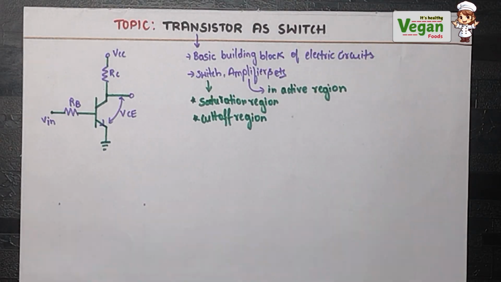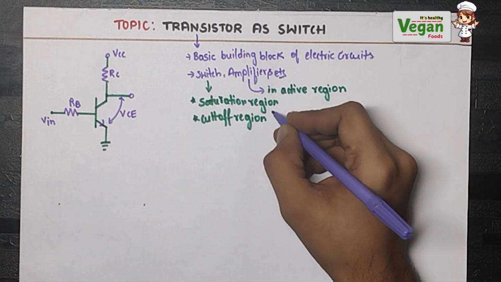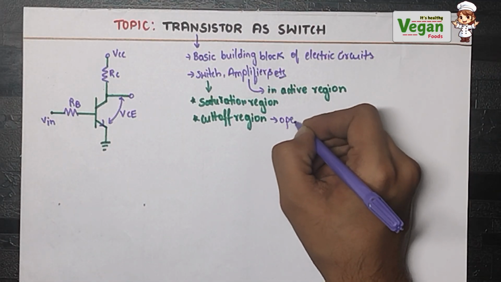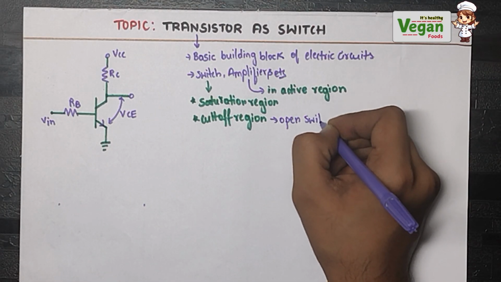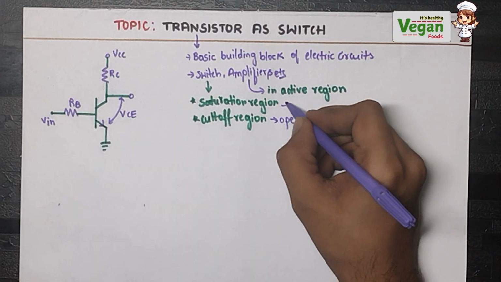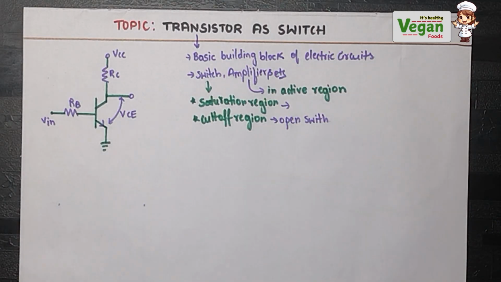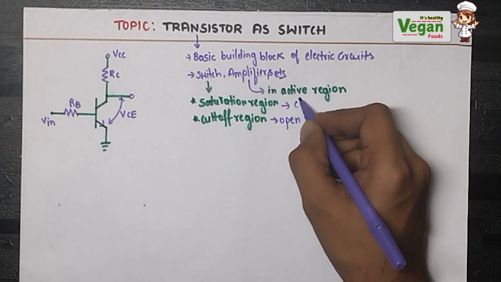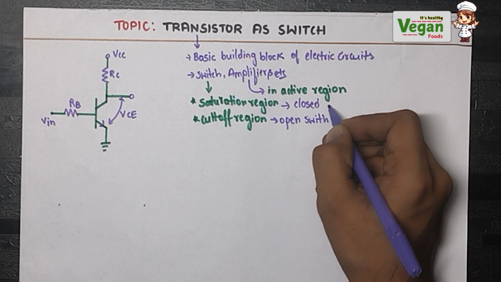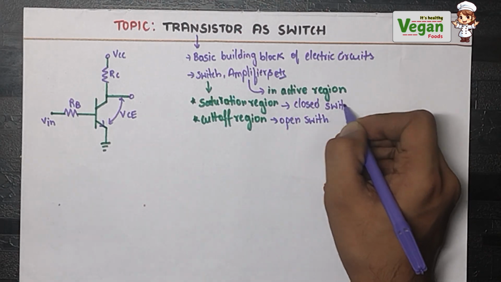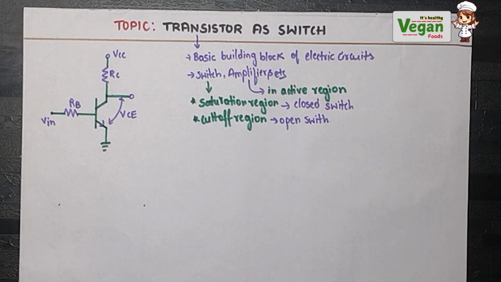If the transistor is in the cutoff region, it will act as an open switch. There will be no flow of current. If the transistor is in the saturation region, it will act as a closed switch through which the current will flow and the circuit will be connected.